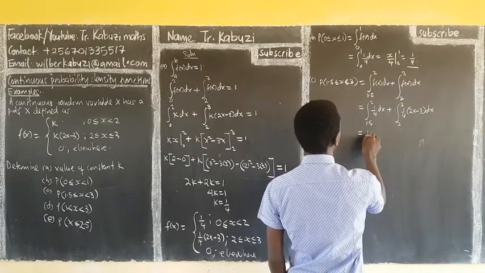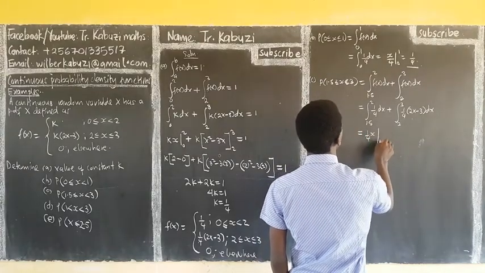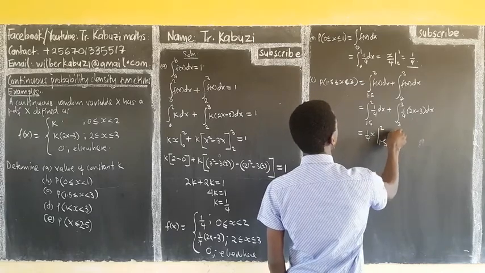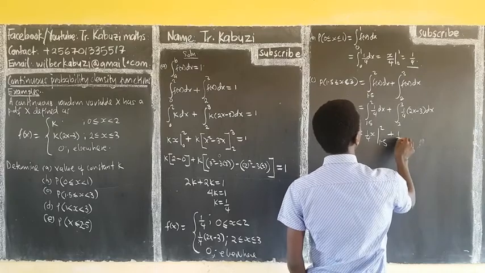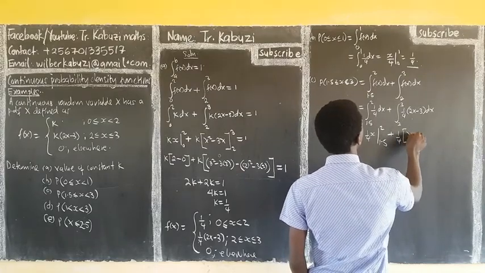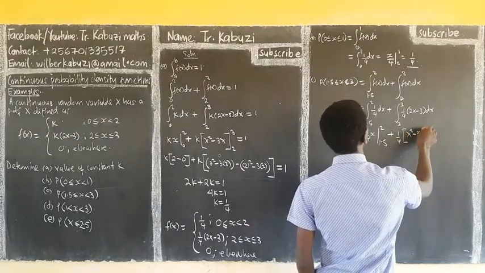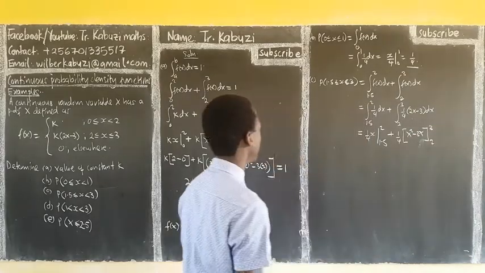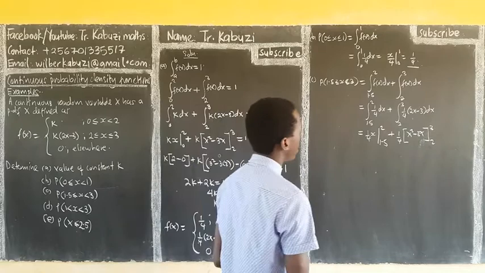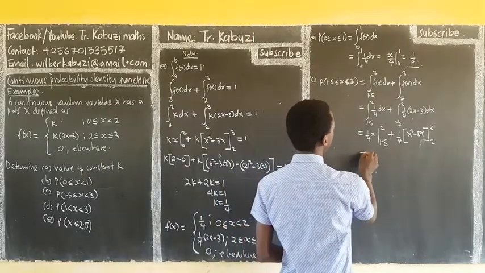Our quarter is common. So this will be a quarter x from 1.5 to 2, then plus, and integrating this, we get a quarter into x squared minus 3x from 2 to 3. From 2 to 3, we just substitute our limits.